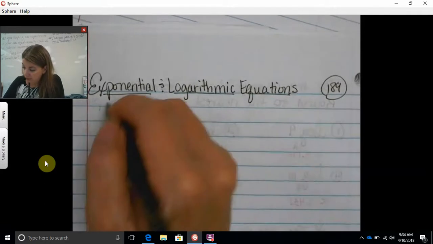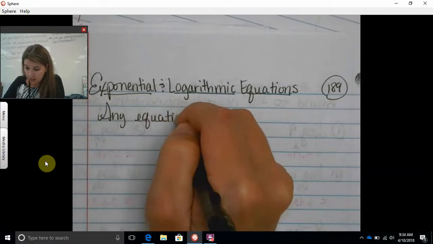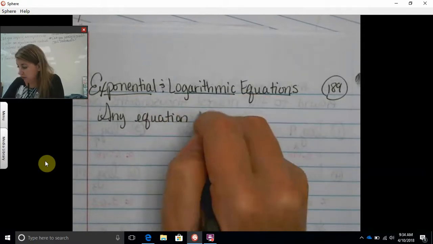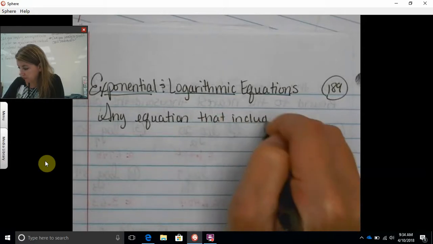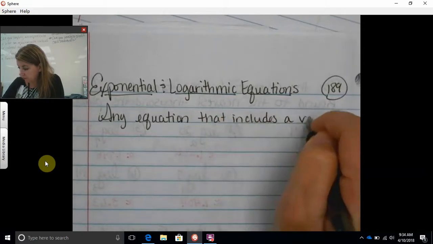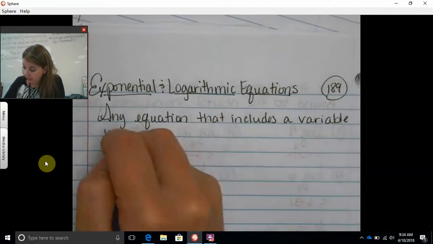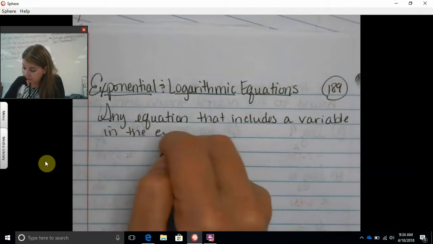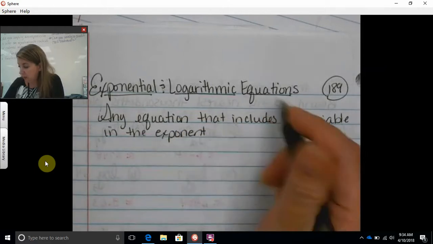Any equation that includes a variable in the exponent is called an exponential equation.